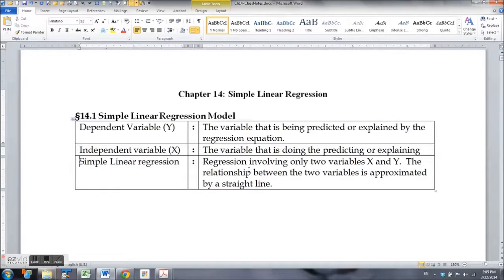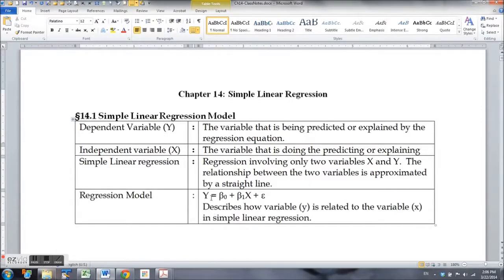Simple linear regression is a relationship between these two variables x and y that is approximated by a straight line. A straight line relationship between x and y is what is called simple linear regression.